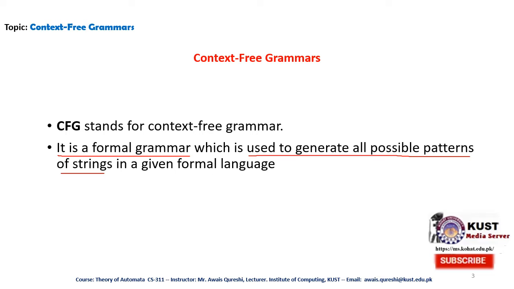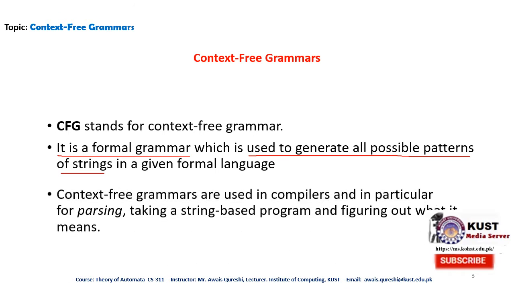You have already studied in your previous lectures, we have generated different patterns of strings by using different regular expressions. So the purpose of context-free grammar is to generate all possible patterns of strings in a given formal language.